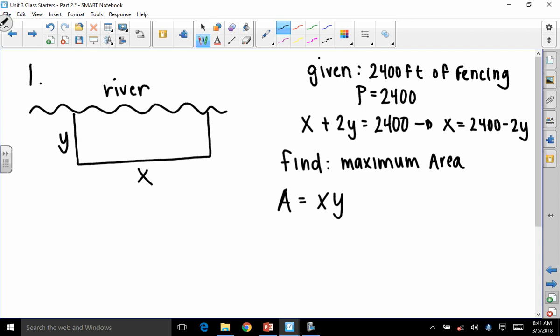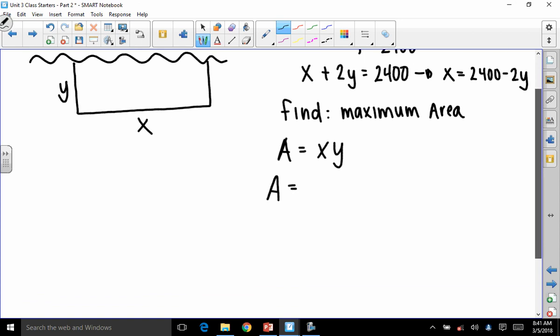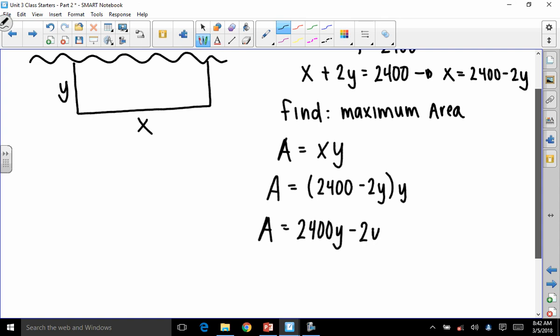So now in the function that we're trying to maximize, which is our area function, where there is an x, we can replace it with 2,400 minus 2y. All right, let's distribute that y in. So our area function is going to be 2,400y minus 2y squared.